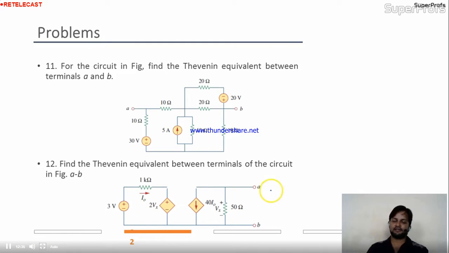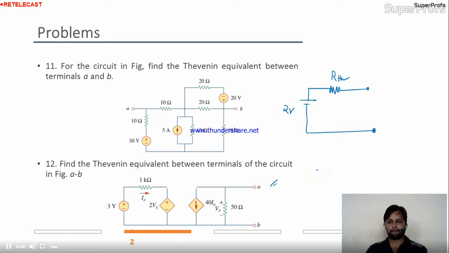For this circuit, I am drawing the resultant circuit. VTH is nothing but 2 volt. Now your task is to calculate RTH for this circuit. Is it okay? So for the RTH, what is the procedure?